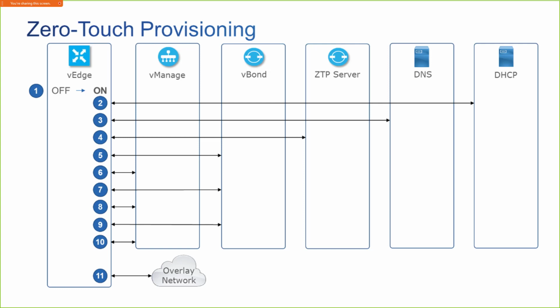But what if we have an organization with air-gapped networks that want to get the benefit of centralized WAN management, right? We want to be able to have the segmentation. We want to be able to have that zero-touch provisioning.